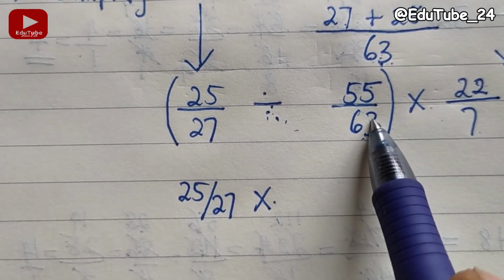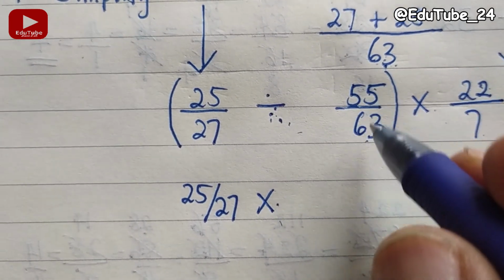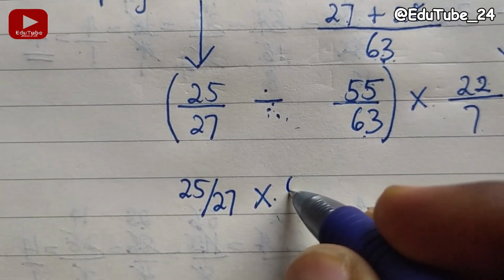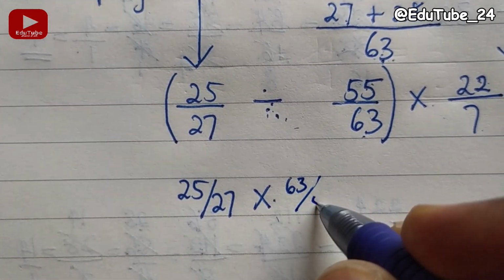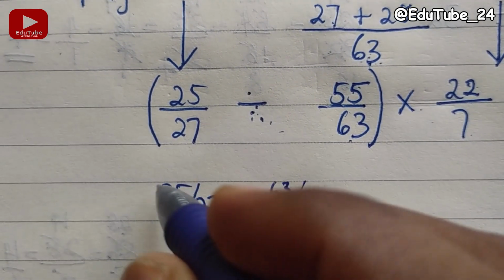So the number next to it is also going to invert. That means instead of having 55 out of 63, I'm going to have 63 out of 55, and then I can now solve them.